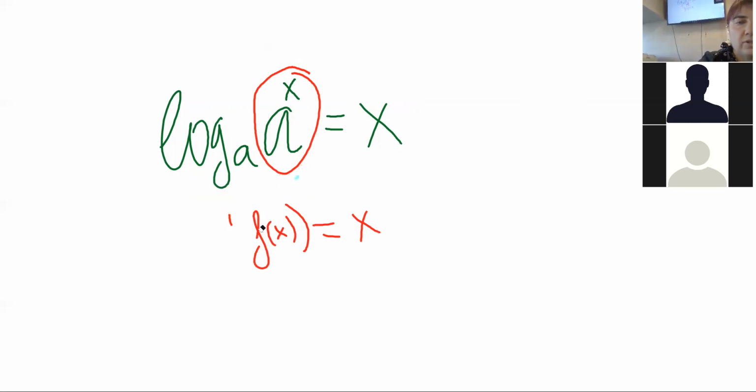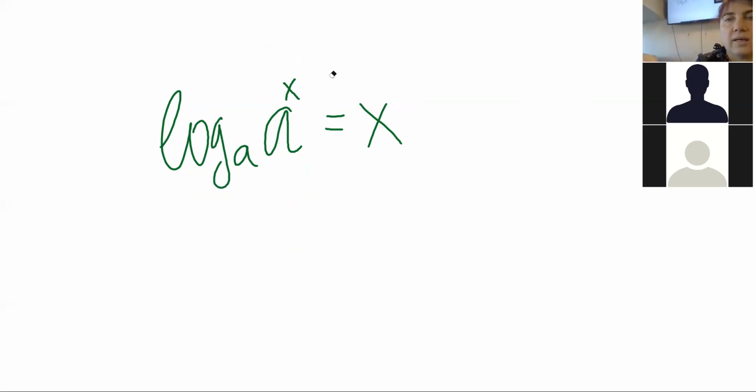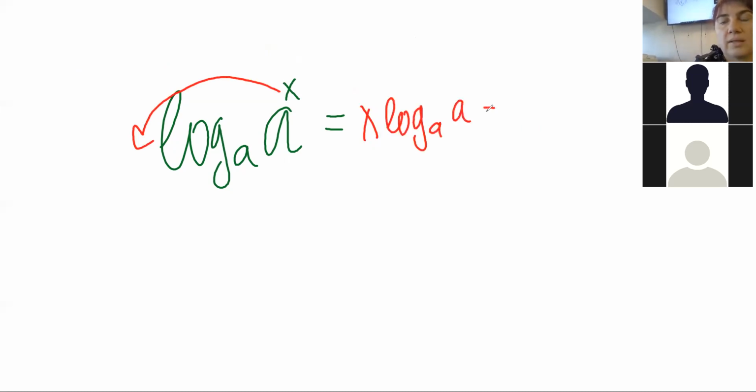Instead, you can just do the rules: we move the x, so it's x log base a of a, which is 1. So x times 1, which is x. Just remember this one. It's easier.